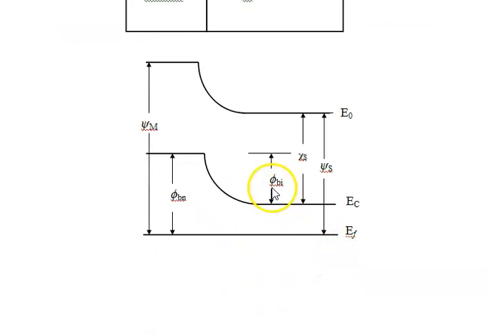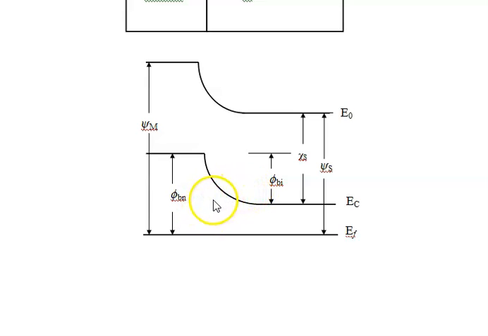We have 2 barriers. We have a variable barrier, phi-bi, which changes with bias. Forward bias, the phi-bi becomes reduced. Reverse bias, the phi-bi becomes bigger. Forward bias, the depletion region width, W here, becomes narrower, becomes smaller.